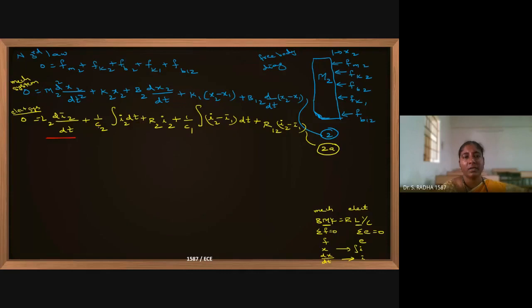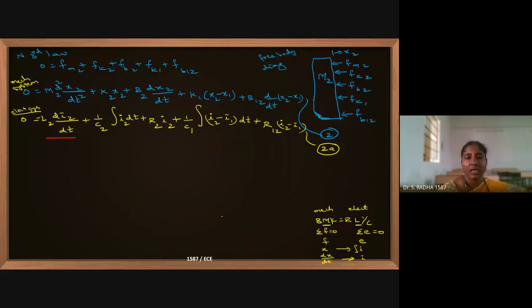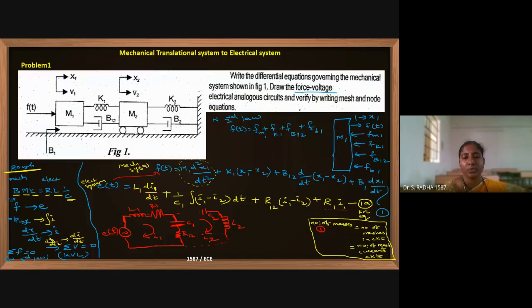Now 1 by C2 I2: only I2 flows, so one capacitor is present, C2, placed on the top or bottom. Next is the third term, R2 I2. Only I2 flows, so I put R2 only in the second mesh, in either horizontal path.